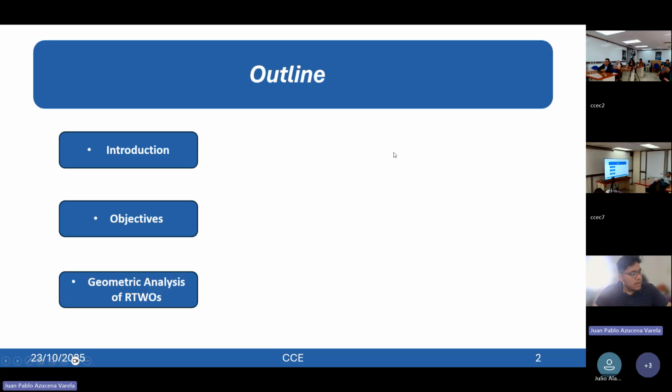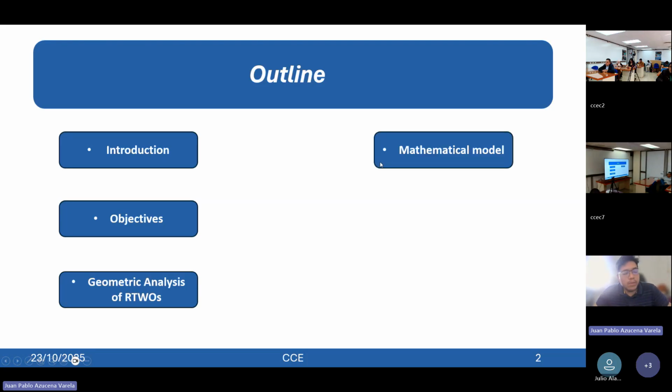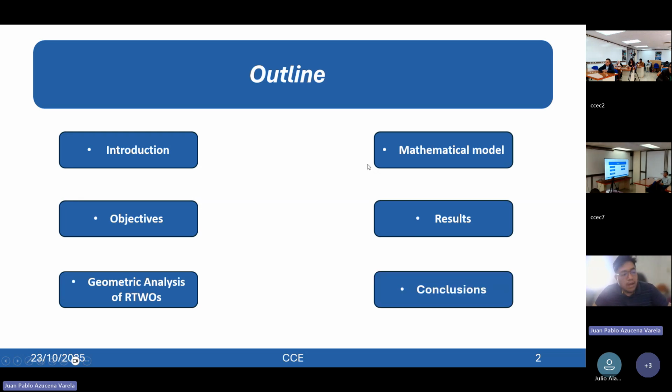Then I will focus on the geometric analysis of RTWO, considering polygonal structures, bevel corners, and the effect of the Möbius crossover. Next, I will present the proposed mathematical model and the simulation results. Finally, I will conclude with the main findings of this research.